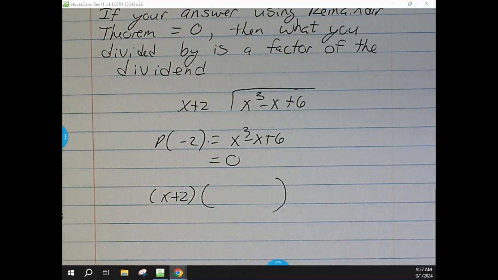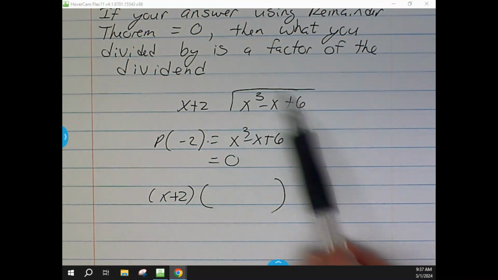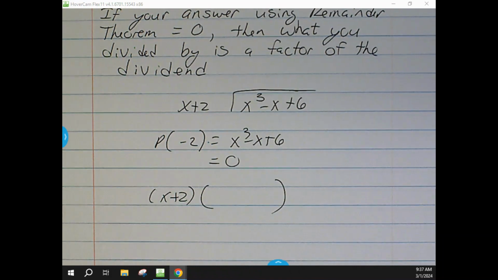Which means now you get to actually do some factoring skills. So this is a check on how to find factors. If you look at a problem and go, well, there's no way I can take x plus 2 and divide this thing out and get something, if the remainder equals 0, it's saying, oh, no, you actually can do this.